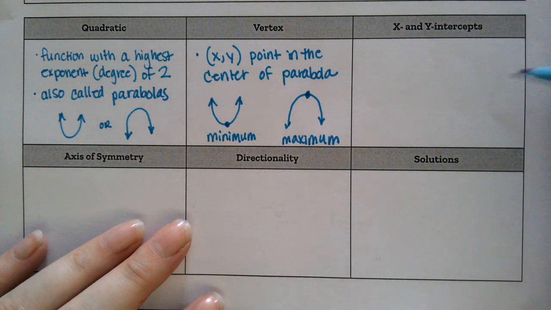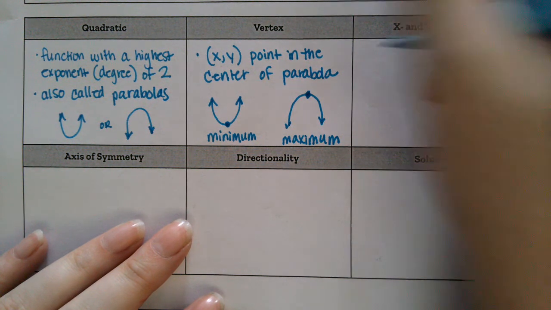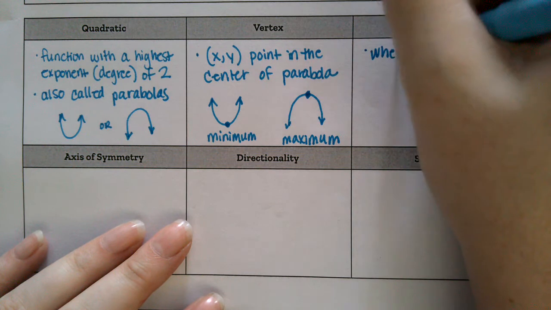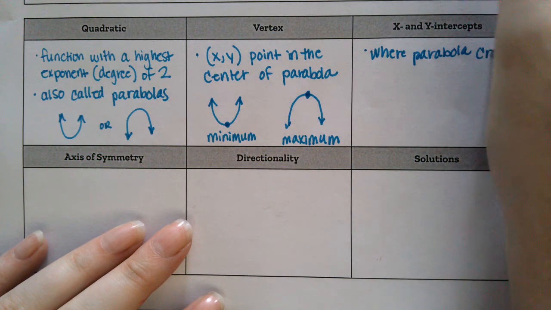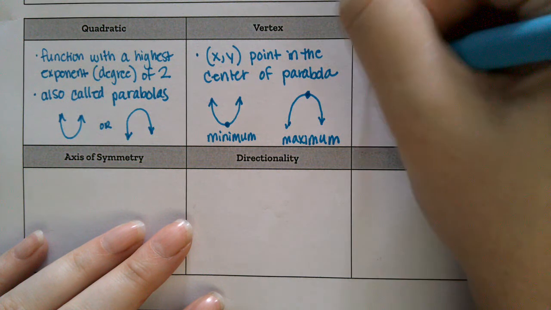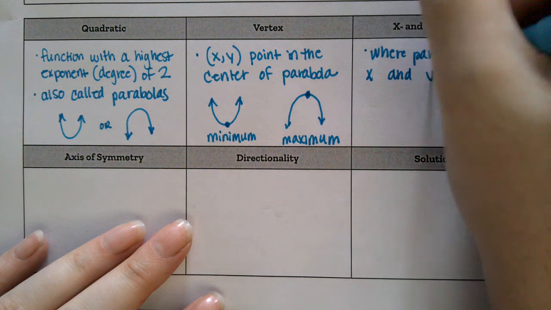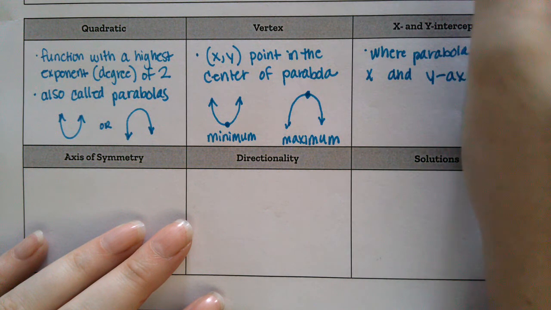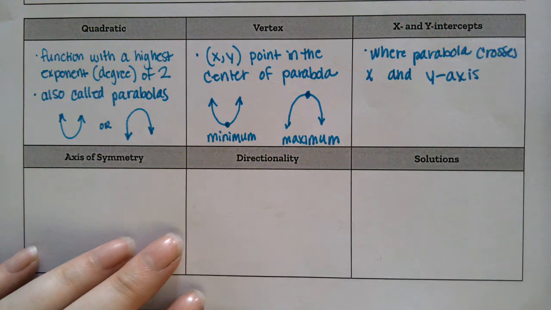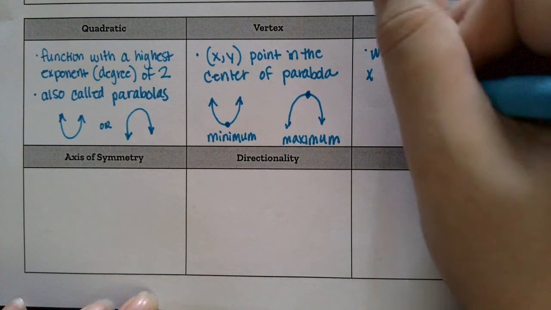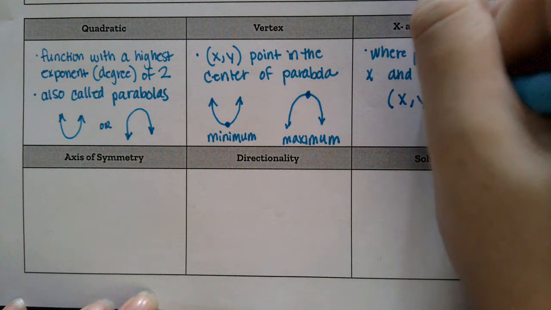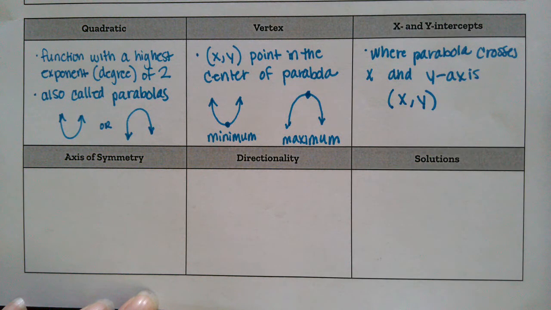Now, our intercepts are the same as for any other type of function. It's just where the parabola crosses the x and y axis. Remember, intercepts are also coordinate points, so they need to be written as x comma y coordinates.